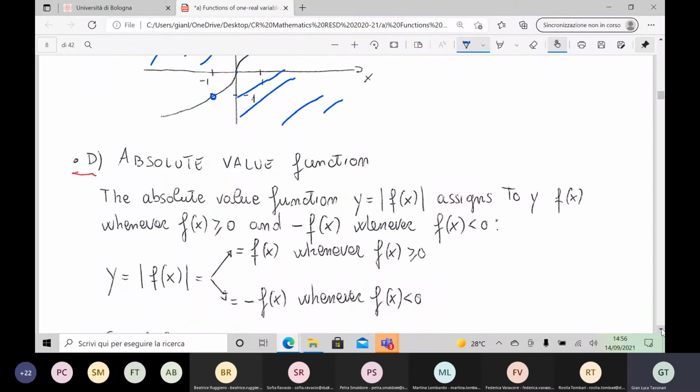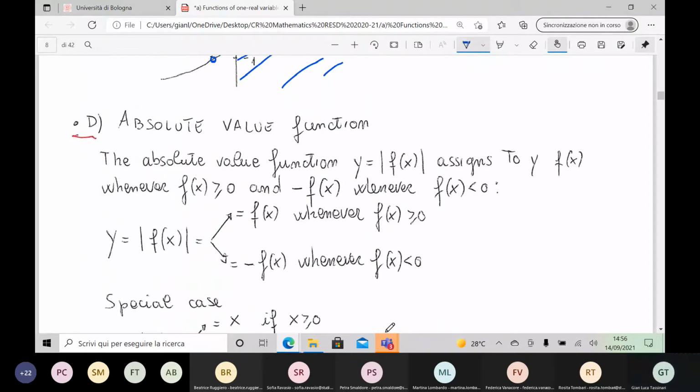Okay, now we introduce another function, which is the so-called absolute value function. So type D of function, absolute value function. Given a function f of x, the absolute value function is written in this way. Y equal to these two vertical lines means absolute value.